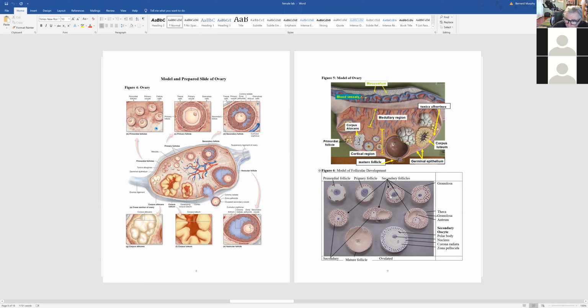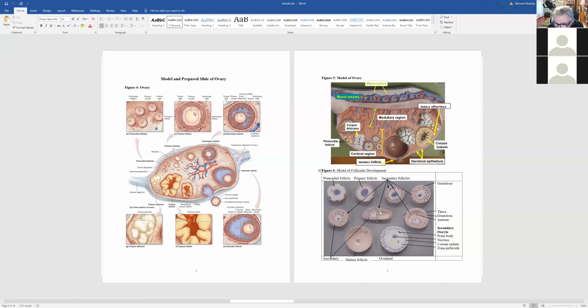And I think this label is wrong for the secondary follicles. This is a primary, that's a primary, that's a primary. This is a secondary, and it has an antrum, there's a space. So if you see a space, it's a secondary. If you don't see a space, it's a primary. And the cells around here are called the granulosa cells.